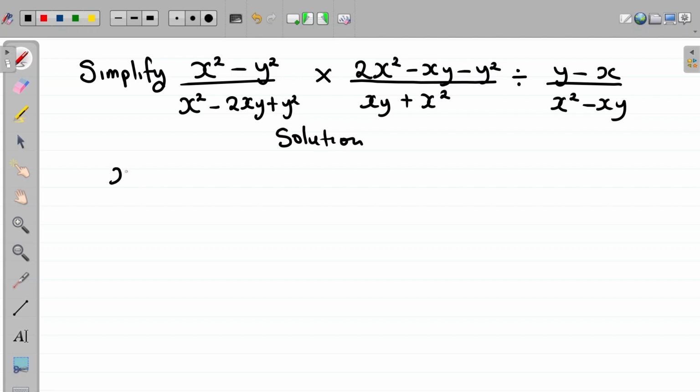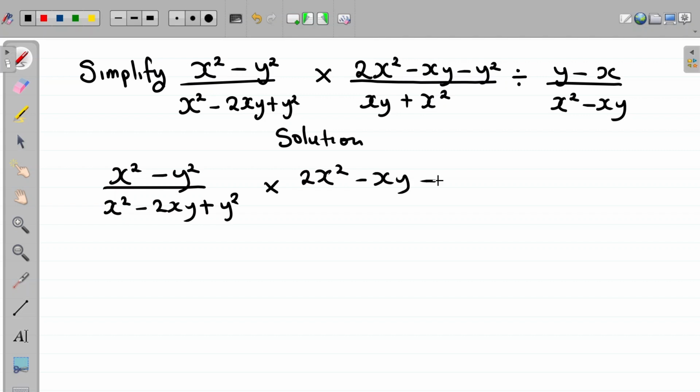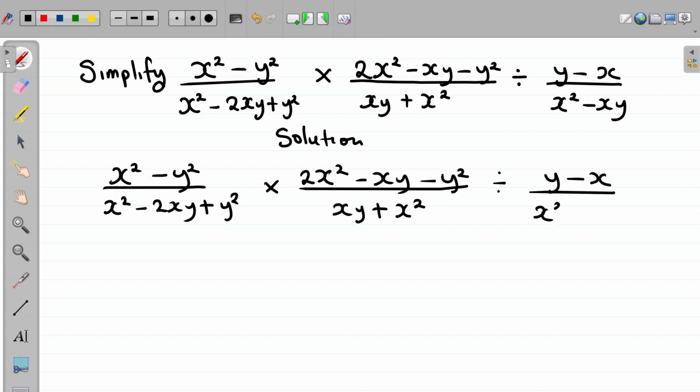So we have that x squared minus y squared is divided by x squared minus 2xy plus y squared multiplied by 2x squared minus xy minus y squared, all divided by xy plus x squared divided by y minus x, all divided by x squared minus xy.